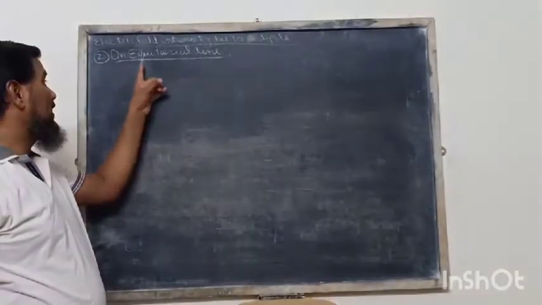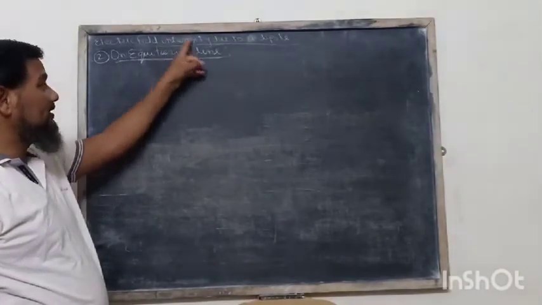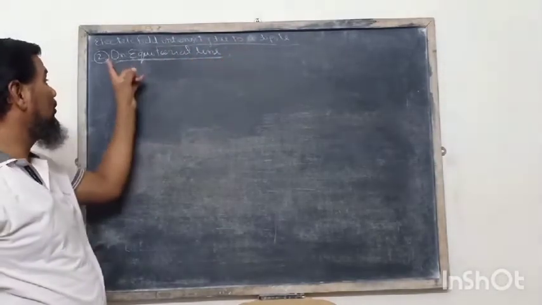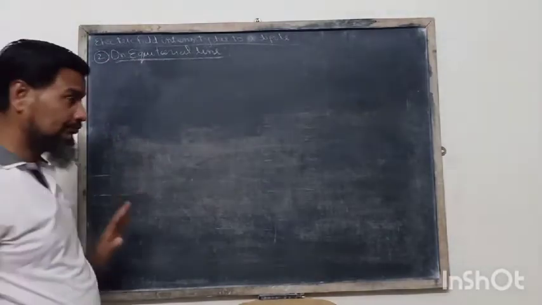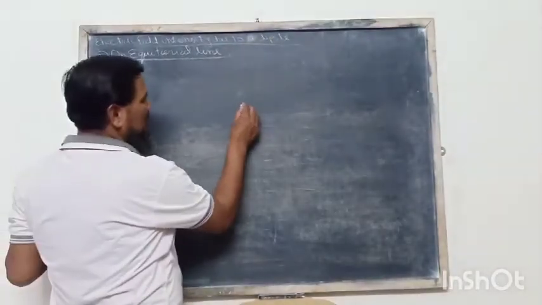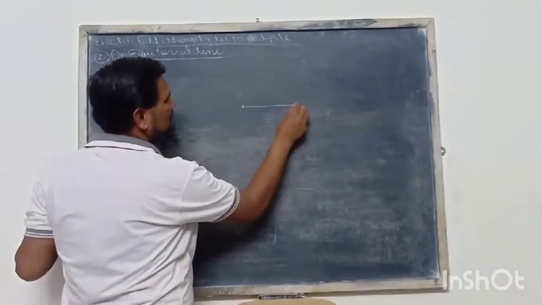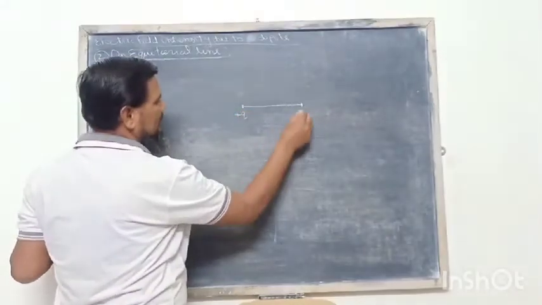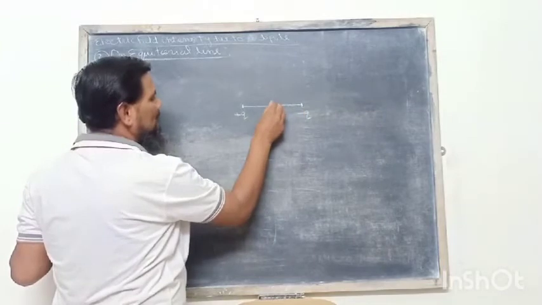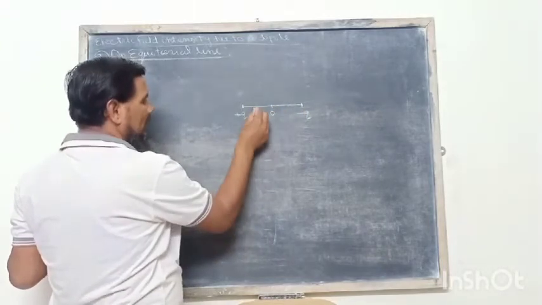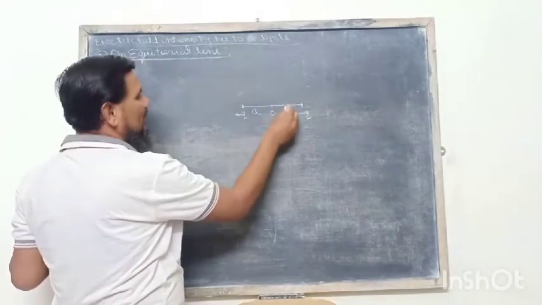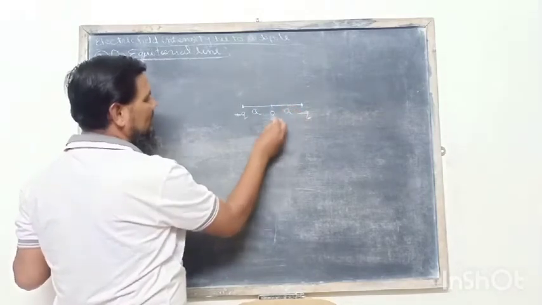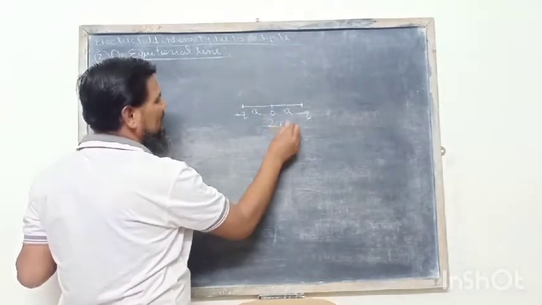Now the second application is electric field intensity due to a dipole on the equatorial line. What is the equatorial line? We consider again a dipole. Here is plus q, this is minus q, this is the midpoint, and the separation of each charge from the midpoint is a, and separation of charges is 2a.